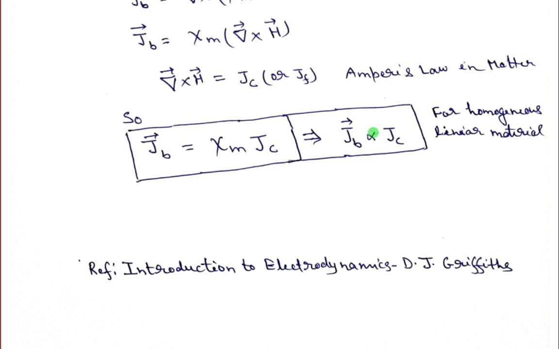So this bound current is equal to chi m, the magnetic susceptibility of that particular material, multiplied by the total conduction current or total free current within the material. This is only valid for homogeneous linear materials, so it holds for diamagnetic and paramagnetic materials. For ferromagnetic materials, we know they are non-linear media, so we cannot apply the same thing.